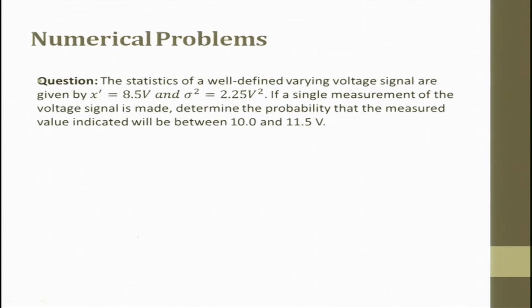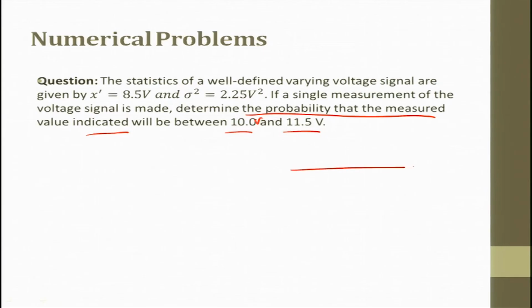So next I have another question. The statistics of a well-defined varying voltage signal are given by x dash equal to this, and the variance is given. If a single measurement of the voltage signal is made, determine the probability that the measured value will be between 10 volt and 11.5 volt.